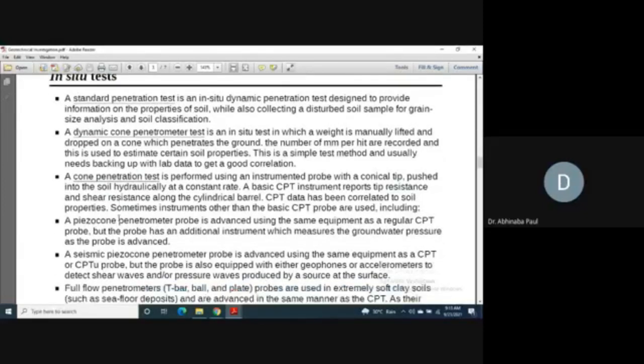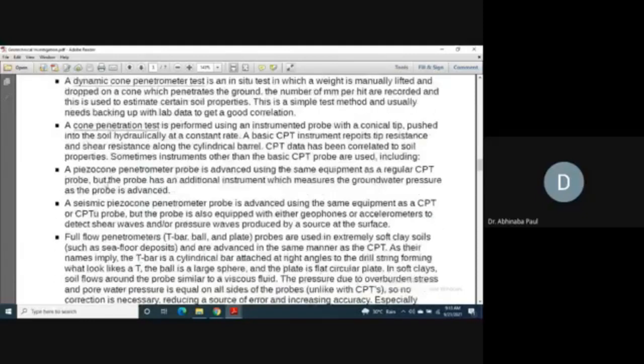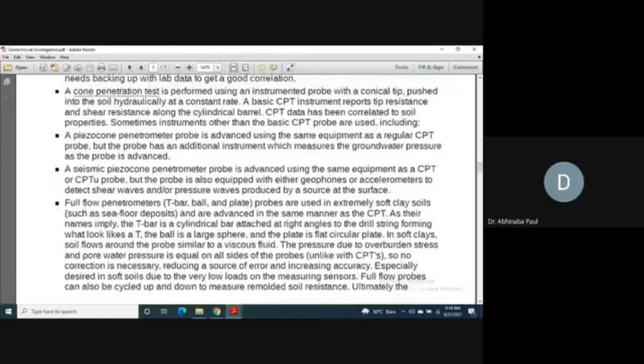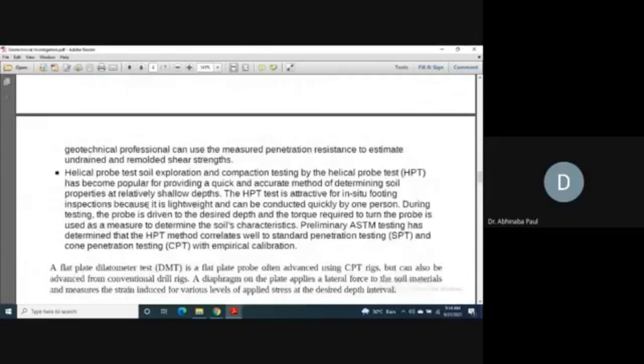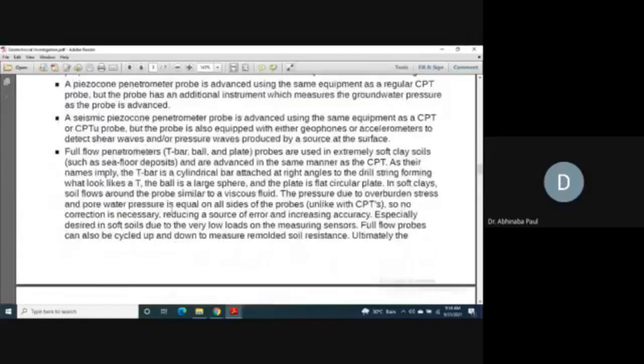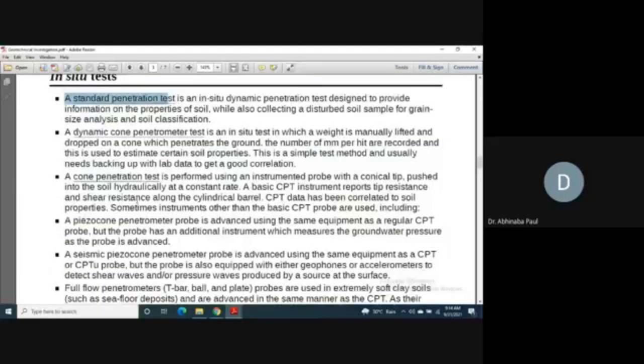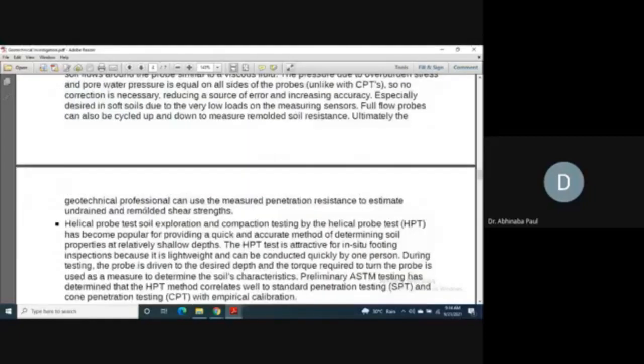Next is cone penetration test, then piezo cone penetrometer probe, then seismic piezo cone penetrometer. Finally the flow penetrometer and helical probe test are also there. So out of them, this is the most important. You remember this thing, standard penetration test. The other two are also a bit important, but the first one is very important.